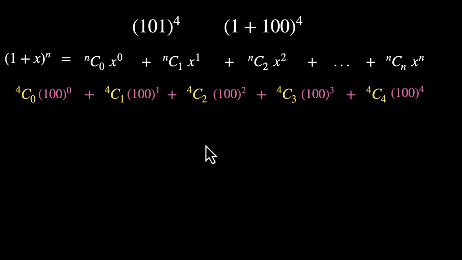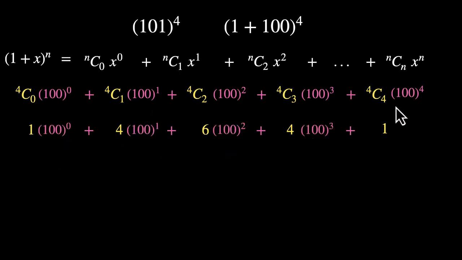Now let's simplify. 4c0 is 1, 4c1 is 4, 4c2 is 6, 4c3 is 4 again, and then 4c4 is 1. 100 to the power 0 is actually 1. Then we have 100 to the power 1, 100 square, 100 cube, and 100 to the power 4. So how do we add this up?